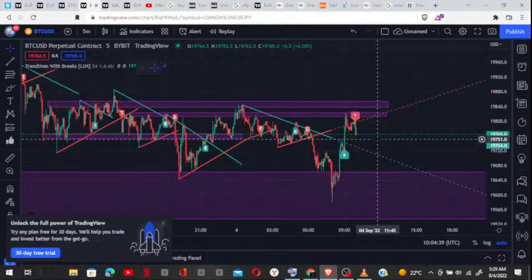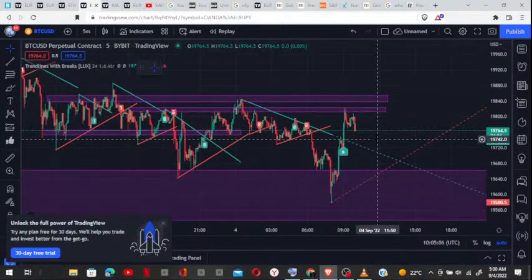Indicator is trending lines, not trading but trending, trending lines with breaks. Why do I keep on confusing it? I keep on confusing it with the trading view. So, trending lines with breaks.